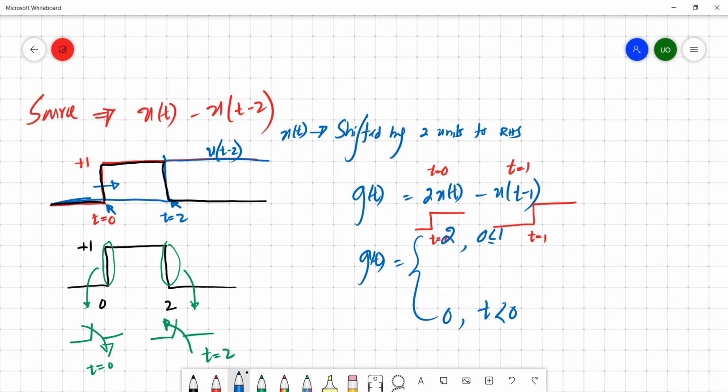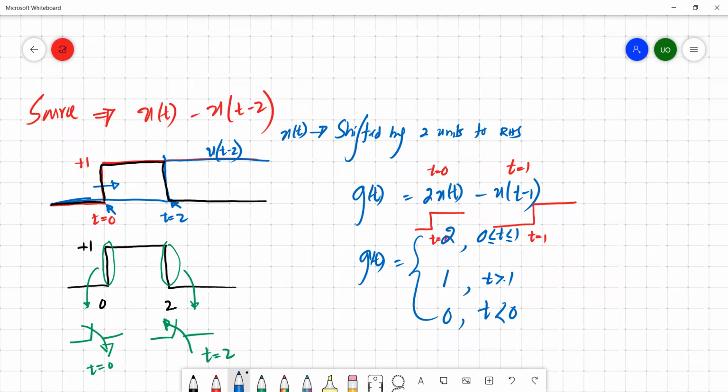From 1 onwards, we have 2 from 2u(t) and 1 from u(t-1), so 2 minus 1 is 1, for t greater than 1. So we have 3 states.